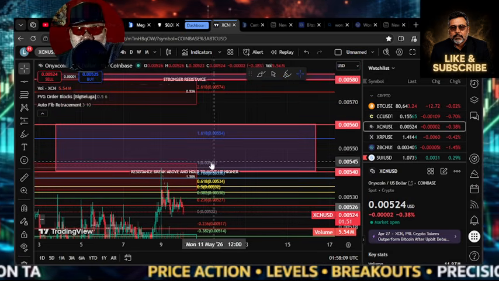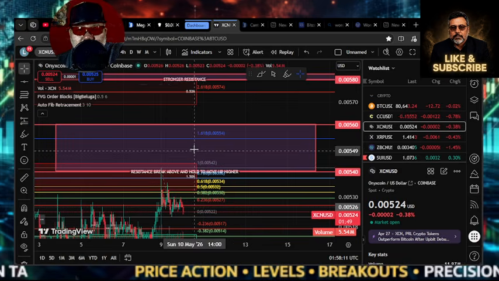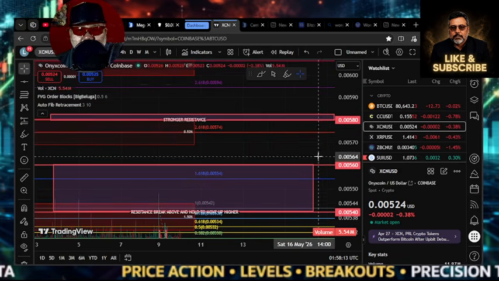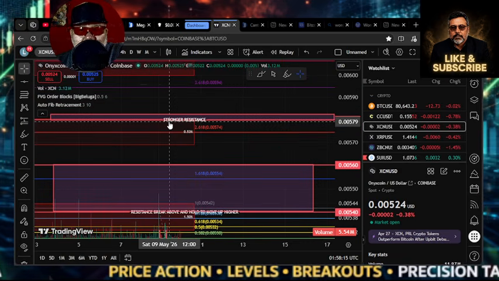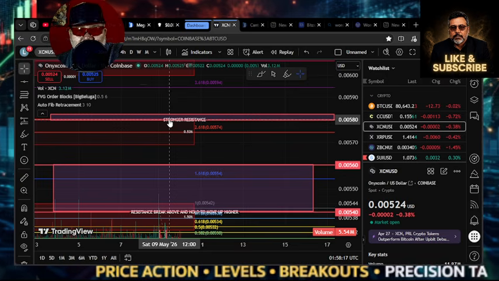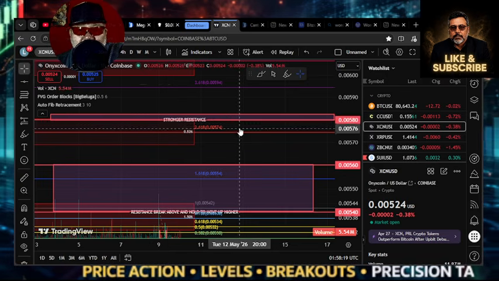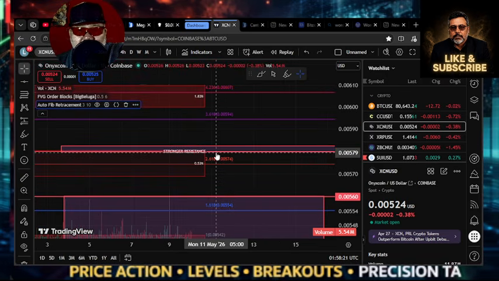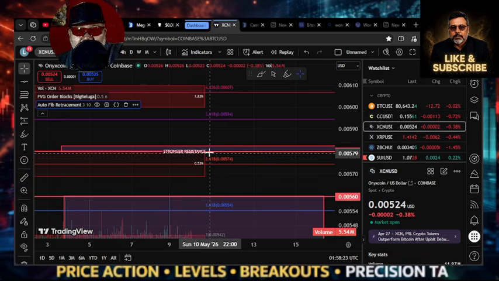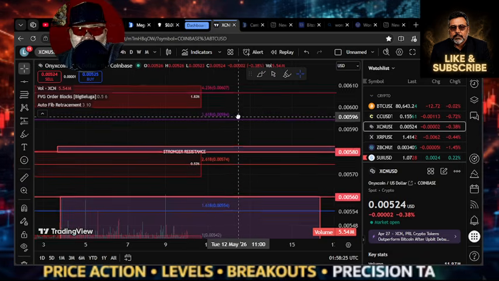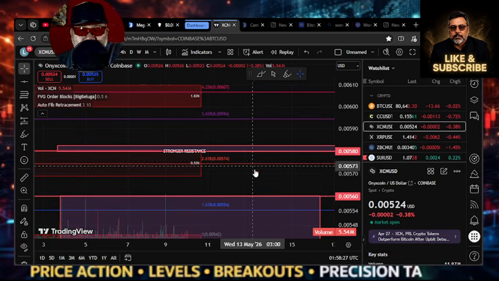If we could push above the 1 right here and hold this momentum, our next area of stronger resistance would be right here at 00580.